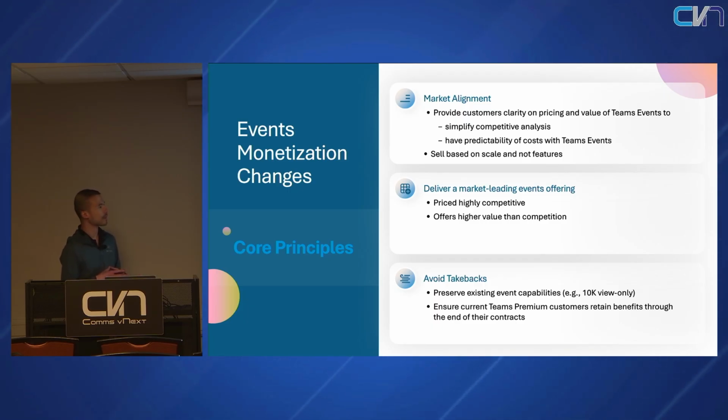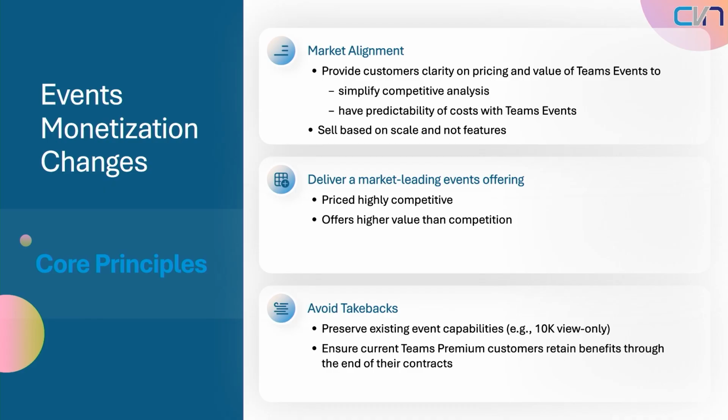So any organizer that has an E3 or E5 license can organize Town Halls up to 3,000 attendees without any add-ons. No more Teams Premium. You don't need to get any add-ons. Or if you want to scale even larger, you can do up to 10,000 attendees in view-only mode.